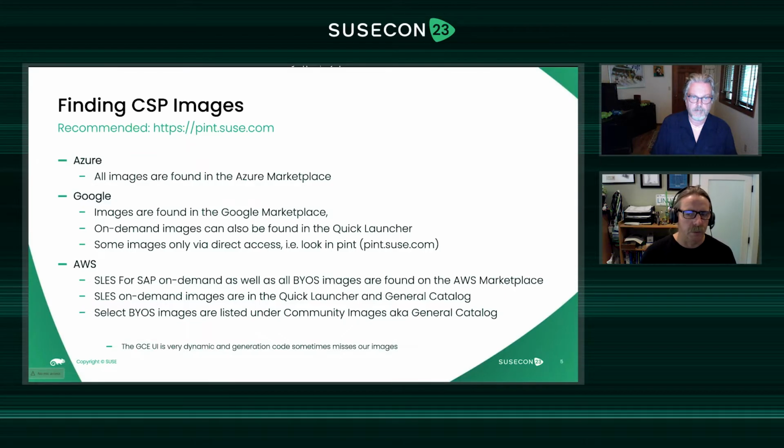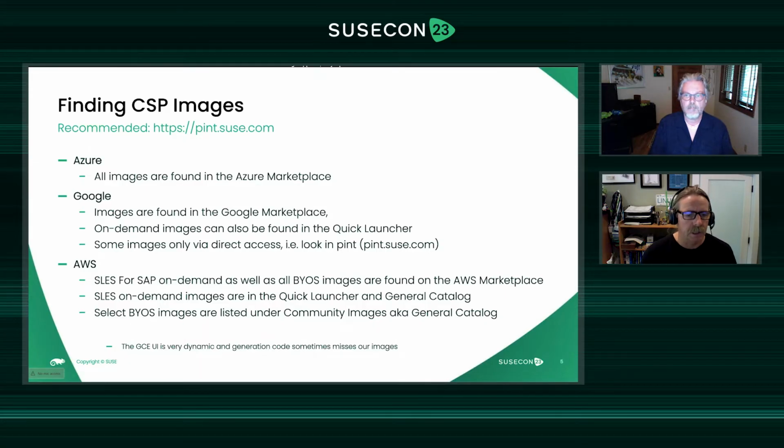Google also has a quick launcher, so you can find our images there. And some images in Google are only available via direct access. That means you need to know the project name where the images are published, and you need to know the image name. And again, you'd find that out from pint.suse.com. There's also a command line tool for Pint, and we'll talk about that in the next slide.